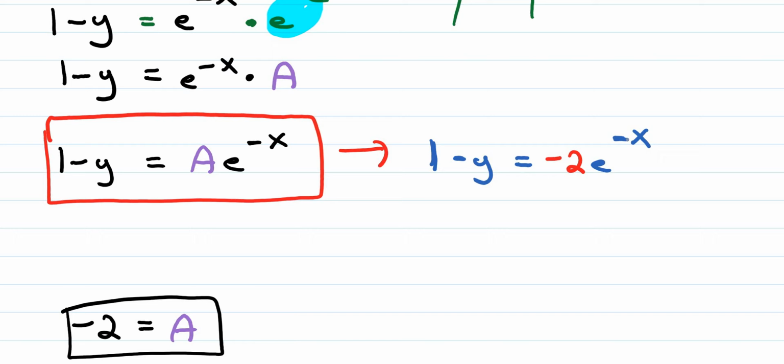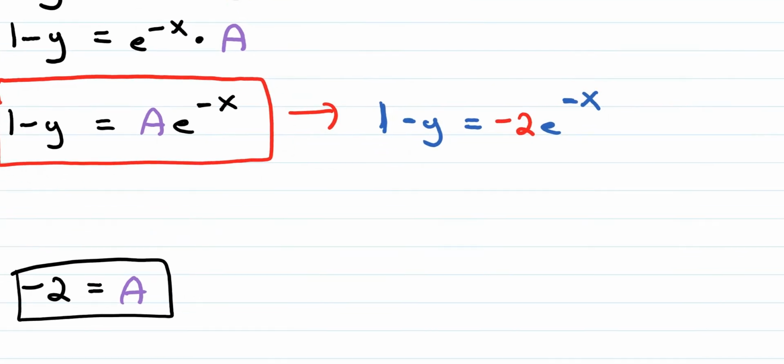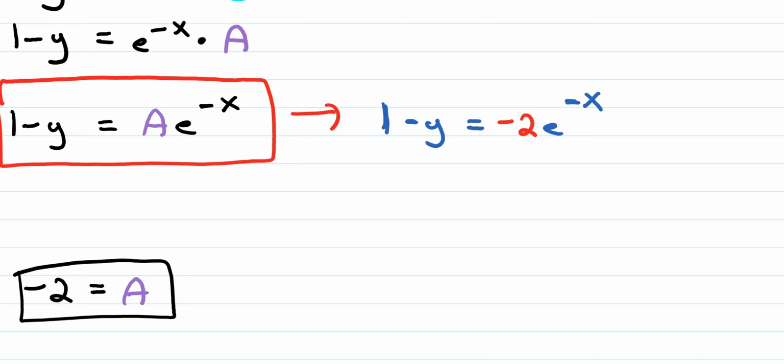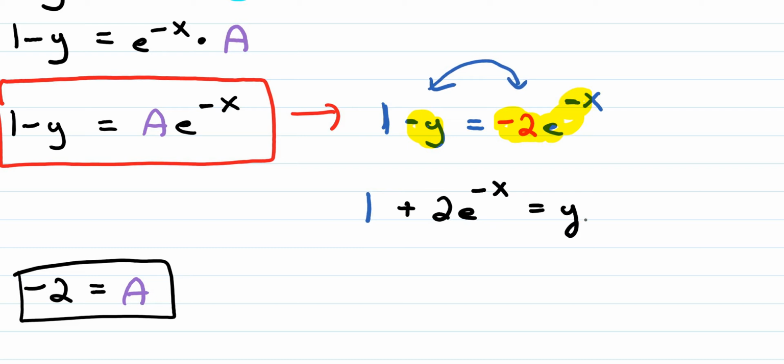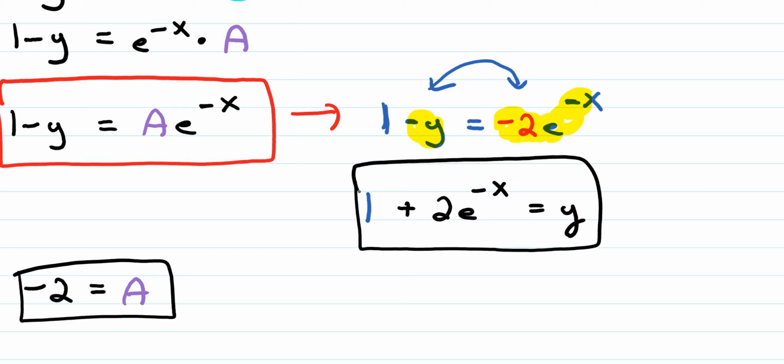From there, we just need to solve for y, and it's probably best to interchange this negative y and this negative 2 e to the negative x. If I do that, I get 1 plus 2e to the negative x equals y. And that right there is my final answer for this particular problem.